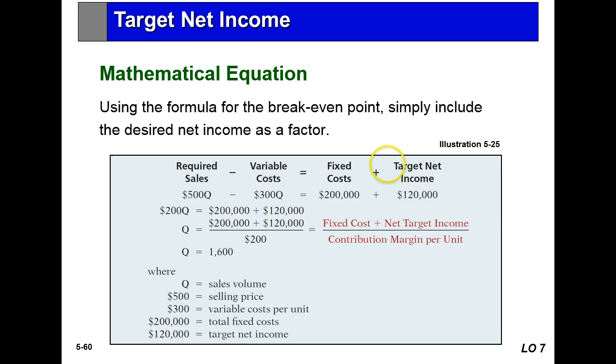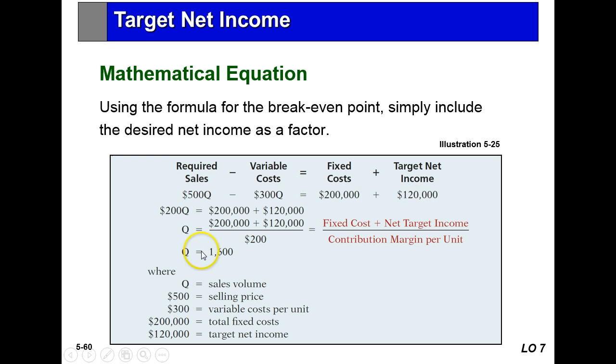So if we use this formula and we say we want to have sales of $500, we figure out our $500 quantity minus our variable costs are going to equal our fixed costs plus our target net income.